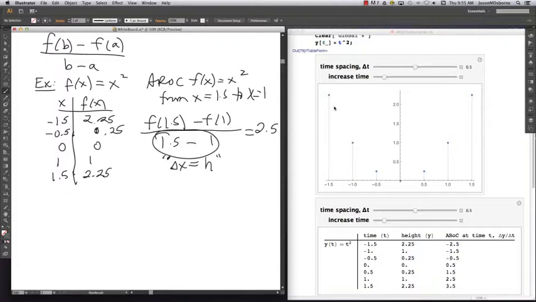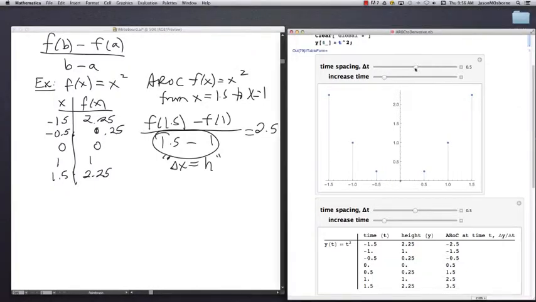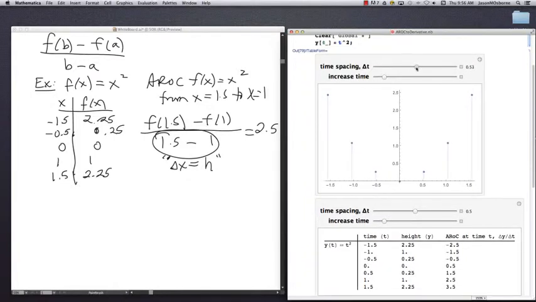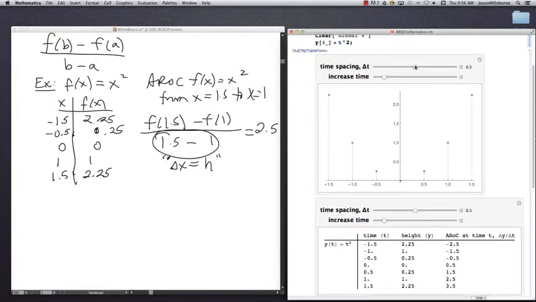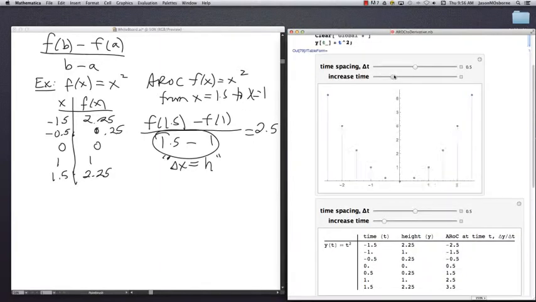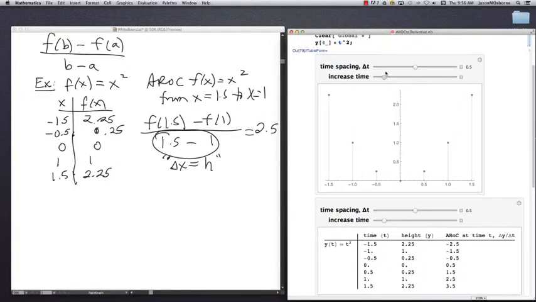Here you can see a plot of the function. I've plotted the data points. If you increase the number of points, you get a better picture of what this function looks like. You plot some more points and you'll see that this is going to make the parabola. So clearly, you know how to plot data points and connect the lines.